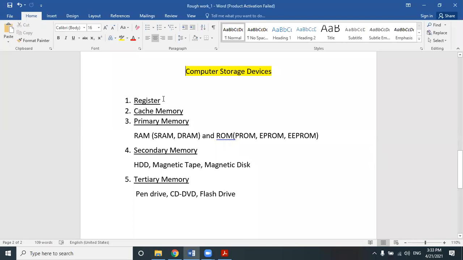The first is the computer register, second is the cache memory, third is the primary memory, fourth is the secondary memory, and the fifth is the tertiary memory.